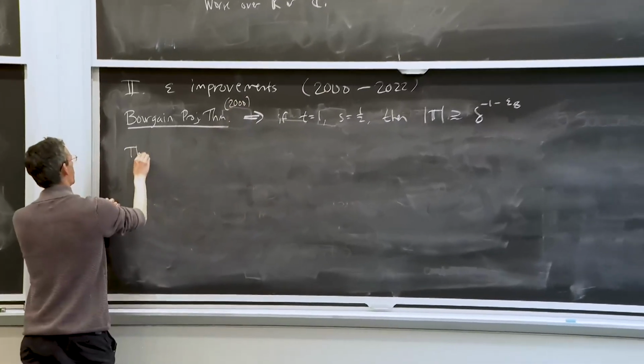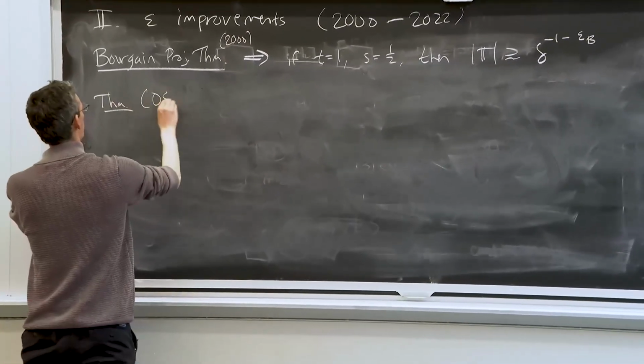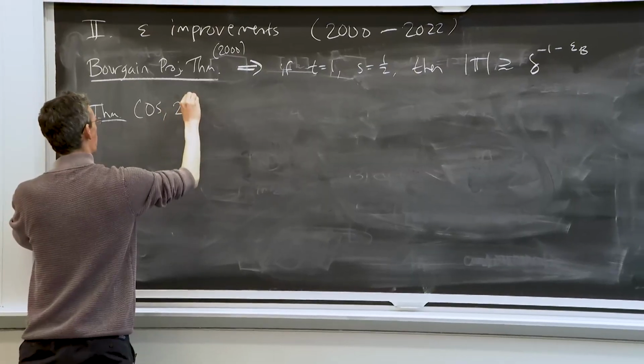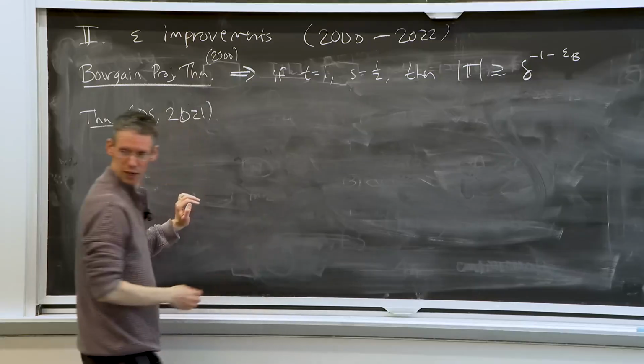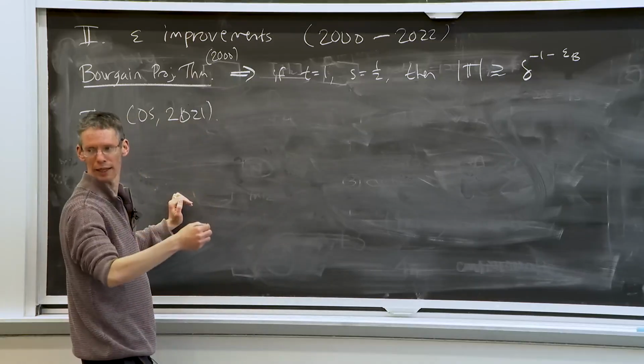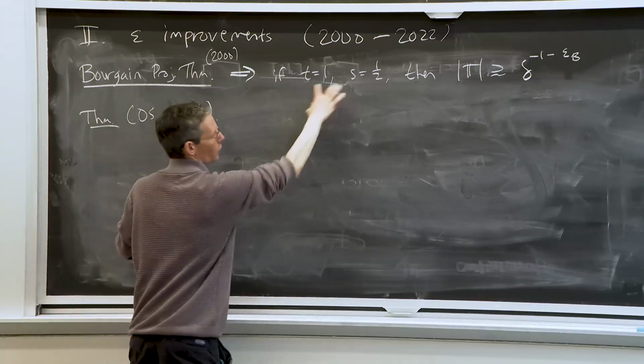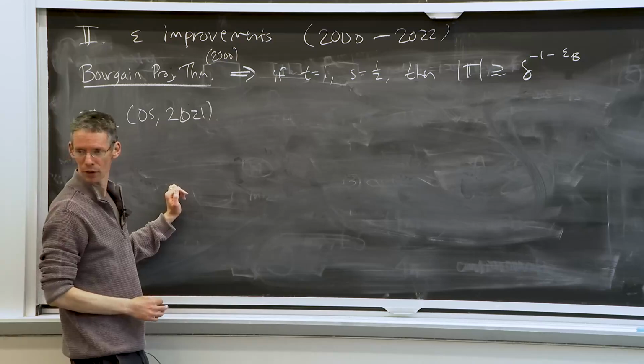And the next improvement is a theorem of Orponen-Shmerkin from 2021. And you could think of it as a generalization of this. It gives an epsilon improvement, but not just for this special value of the parameters, but for lots of values of the parameters.